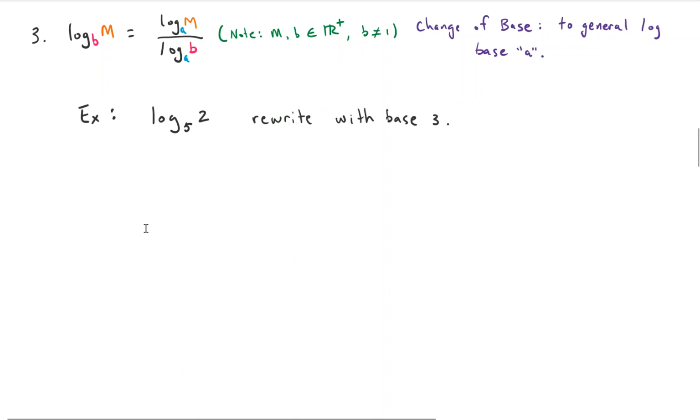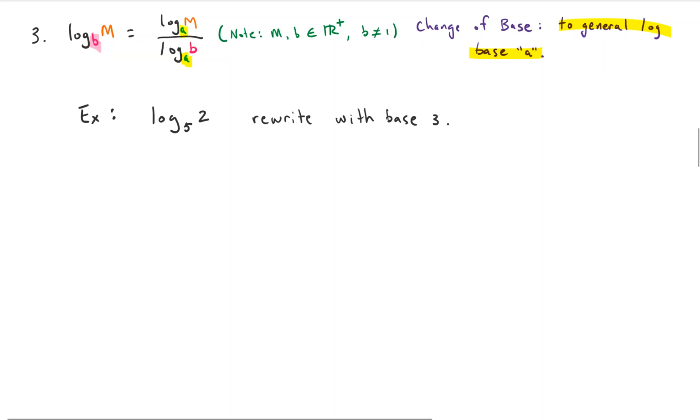Our last example here lets you take, again, any log base b and transform it not into a common log or into a natural log, but here we're transforming it from log base b to any other base. We'll call that base a.